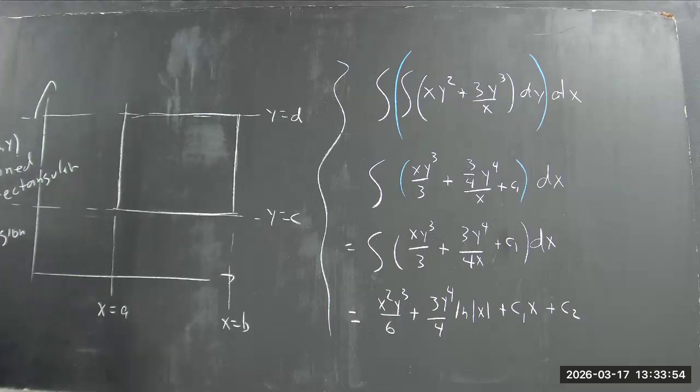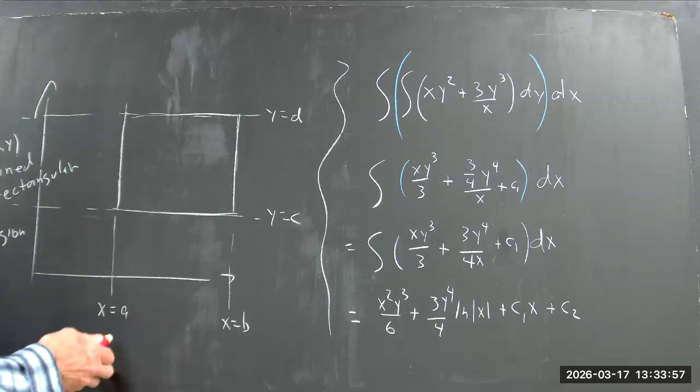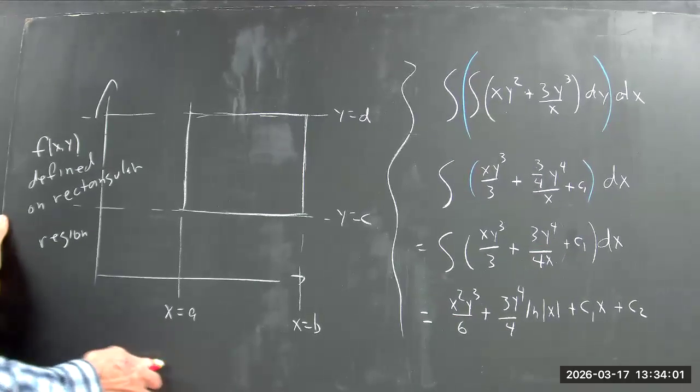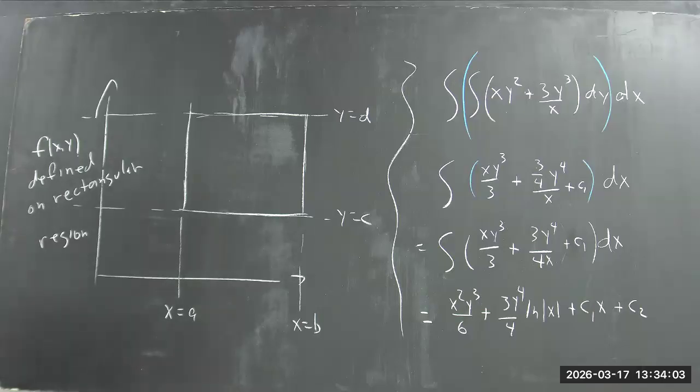F of x, y, function of two variables defined on a rectangular region. And you can't read all that, but it was. You can, but anybody watching the video couldn't. Okay.